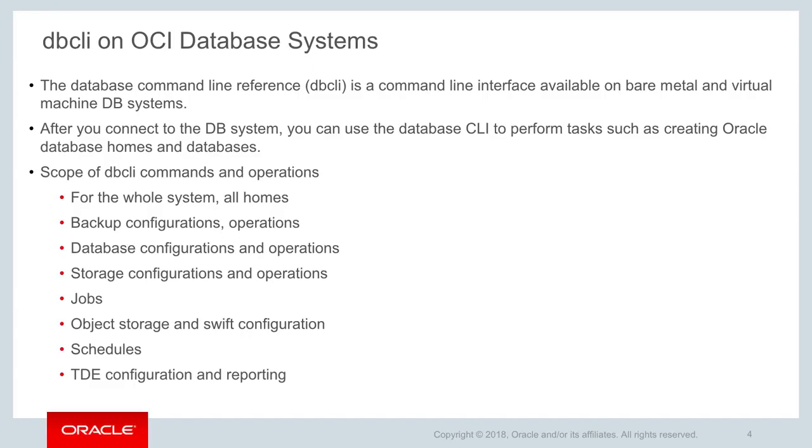From a scope of DBCLI commands perspective, you can use it on the whole database system across all homes. You can use it to manage backup configurations and operations, database configuration and operations, storage configurations, and so on.